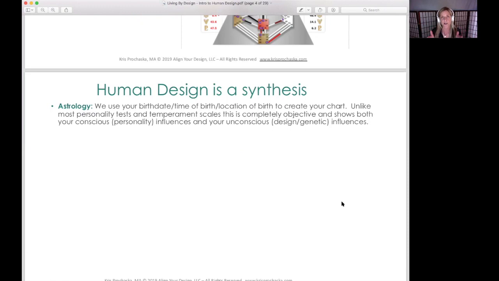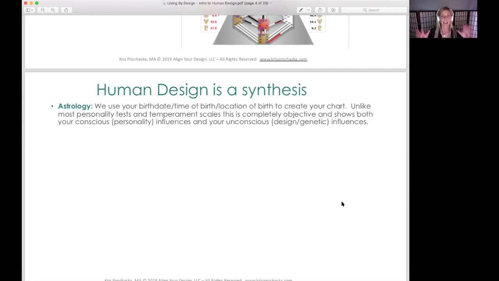What we are doing, though, is taking your birth information, objective data, and this is what we use to create your chart. There's no long assessment. There's no tons of questions about who you are and how you've been most of your life and all of that. Believe me, I used to do those kinds of assessments with people for 25 hours as part of research projects.